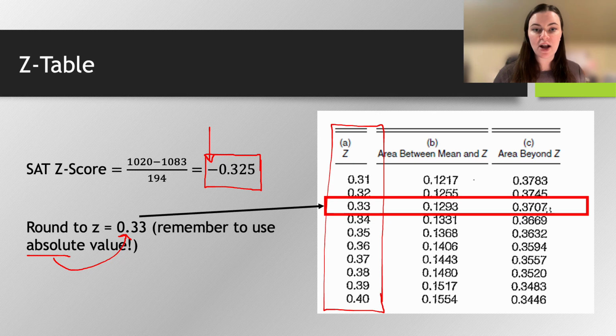If I look up that corresponding value on the table, I see that the area between the mean and my particular z-score is 0.1293, and the area beyond z is 0.3707. So let's take a look at what this would actually look like plotted out on the normal curve.